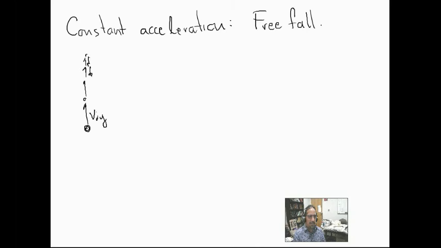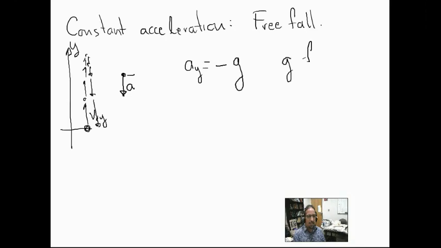When we leave the object to its own devices, it just experiences an interaction with the Earth, and the motion that results has a constant acceleration. The acceleration vector points down, so in a system of coordinates that points up, a y is always a negative number, and we're going to call it minus g, where g is the free fall acceleration.